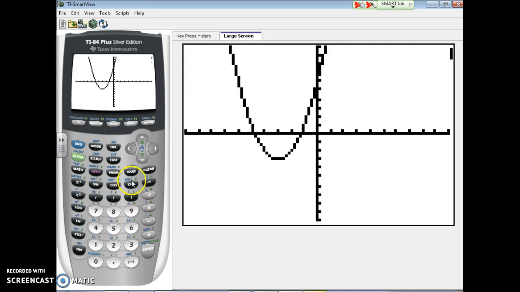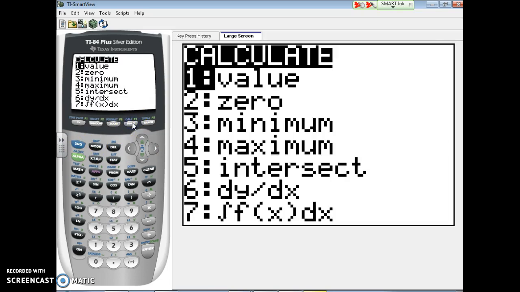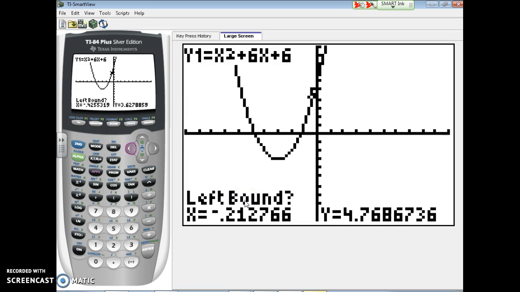And there's my curve. So you guys can see that I have two x-intercepts again. So I want to find each of those values. So what I'm going to do is press second and trace. I'm going to go to 2. Then I'm just going to go to the left of the first 0. So I'm going to follow the curve all the way around until it's above this specific 0.